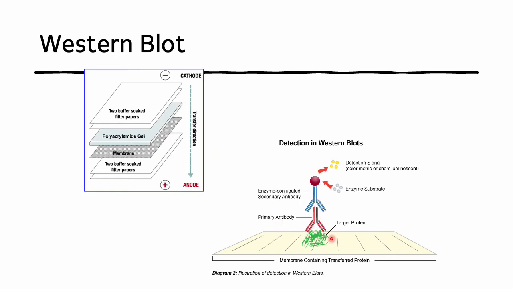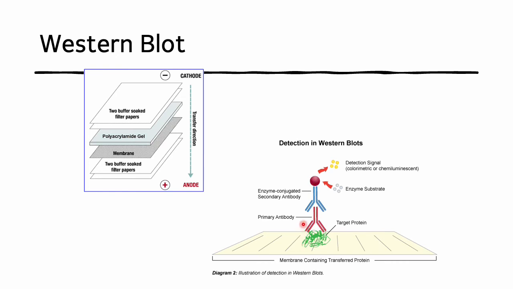With this step, we have this protein and primary antibody complex. And then we attach a secondary antibody, which detects the end of the primary antibody. At the end of it, there is an enzyme, and it can induce some reaction, and we can see the band.